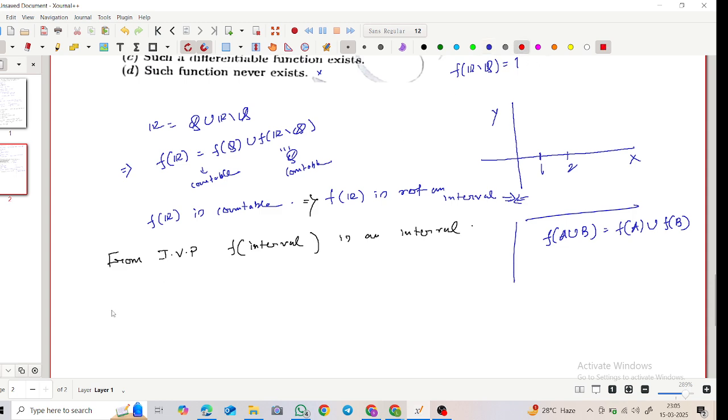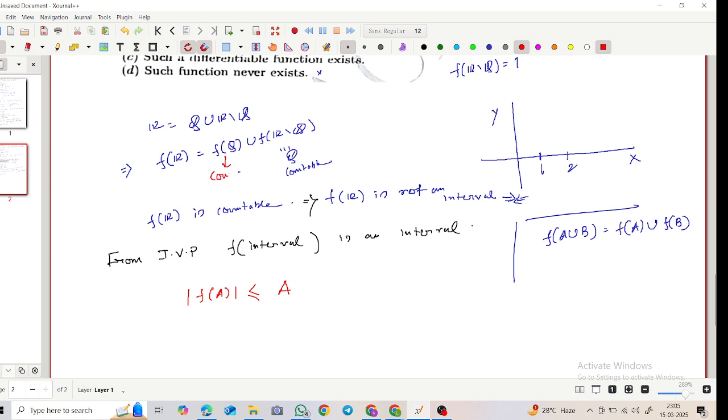So I am claiming that, how should I write cardinality? I am saying the cardinality of f of A is less than the cardinality of A. Okay, so he is asking, how can you say that f of Q is countable? That is his question.